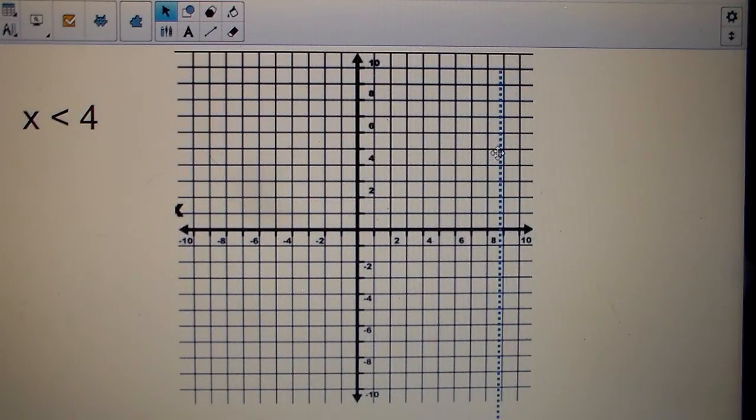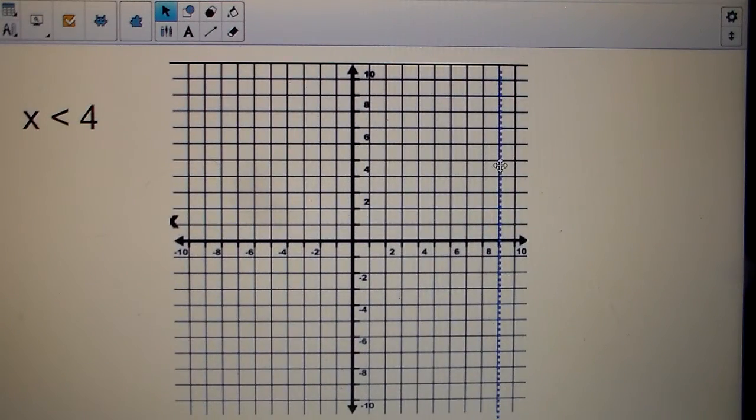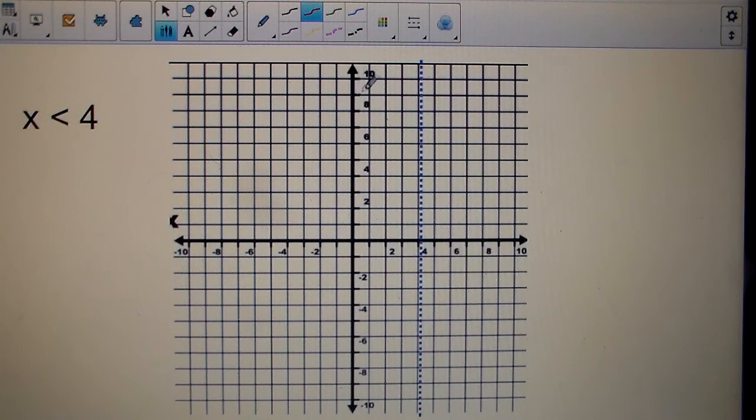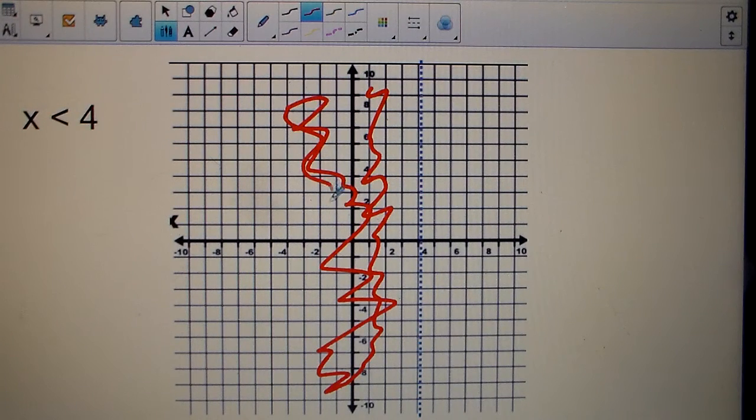So I have that blue dashed line at positive 4. And now the numbers that are less than 4. So less than is to the left. So I'm going to shade on the left hand side of the line, because that's where the numbers are. They're less than.